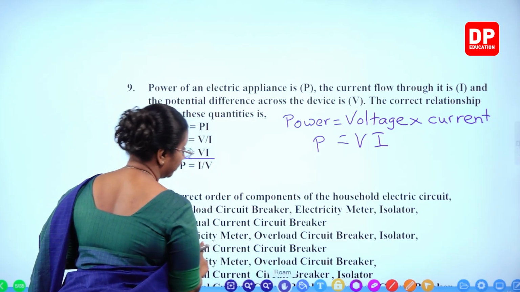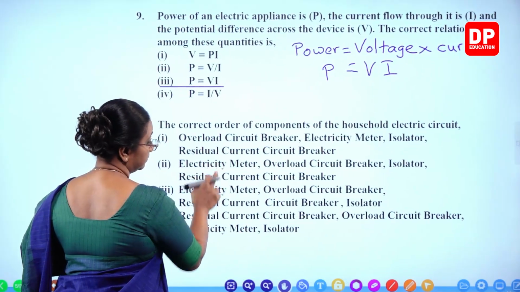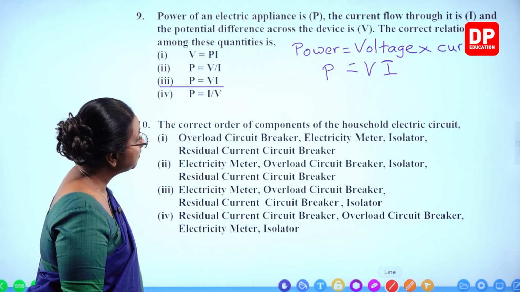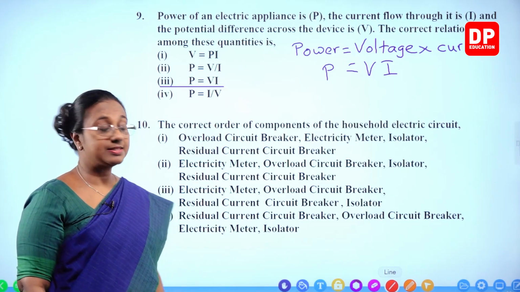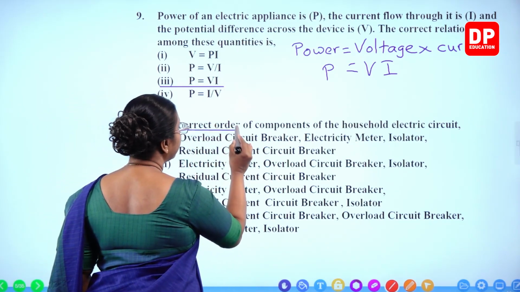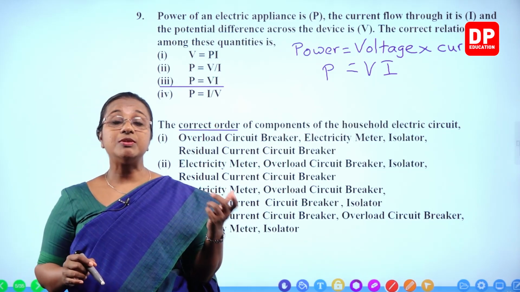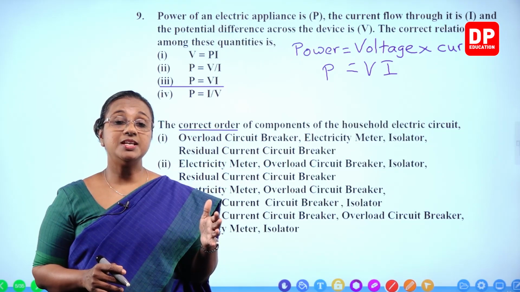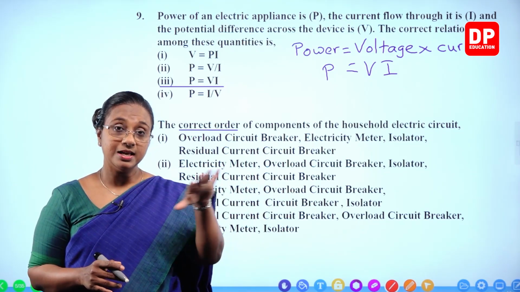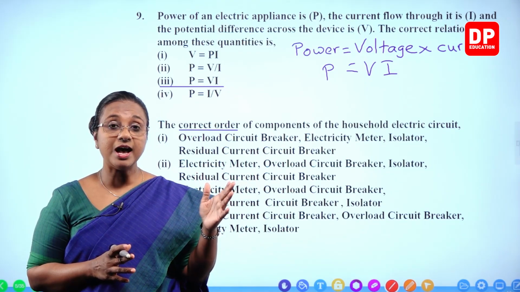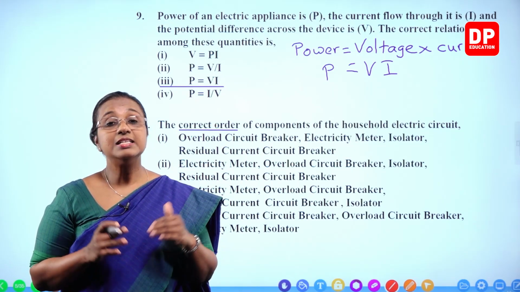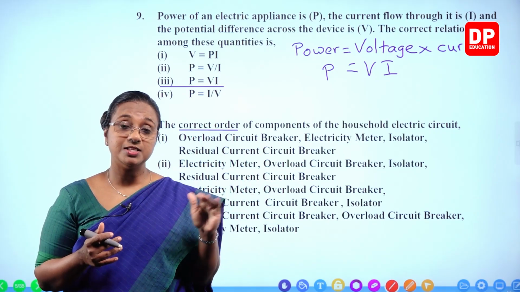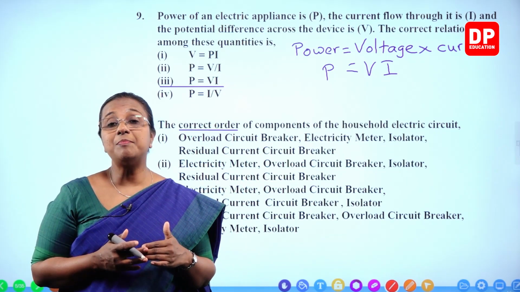Then the next question. Now the correct order of components of the household electric circuit. Can you remember the components? Initially from the distribution subcenters, electricity is supplied by power supply cables, and from there to the household it is the supply cable. Before that, we have the distribution wire and then the supply cable.